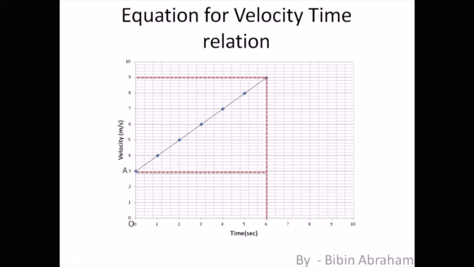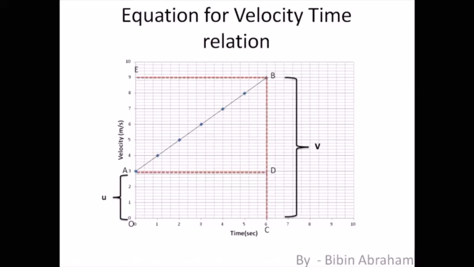Origin is at O, then I label the A point, B point, C point, D point, and E point. Like I said, the initial velocity, the u, is OA. OA is u. U means the initial velocity with which Ramu is traveling. Similarly, CB, that is v. v is your final velocity. I hope this is clear.